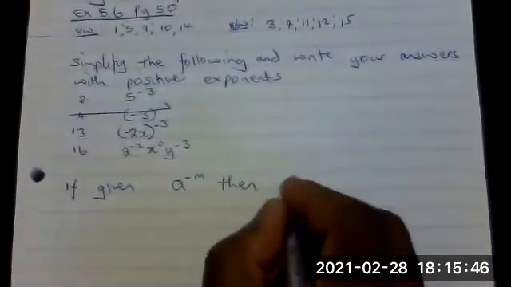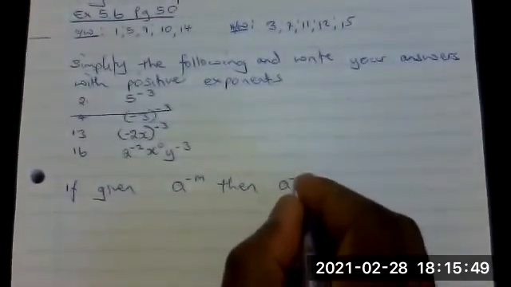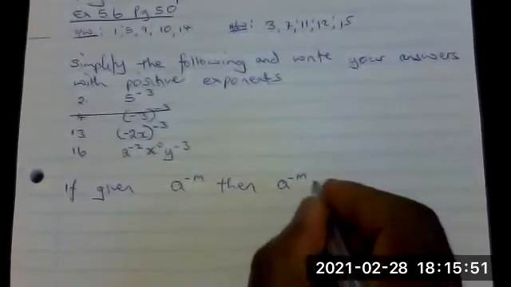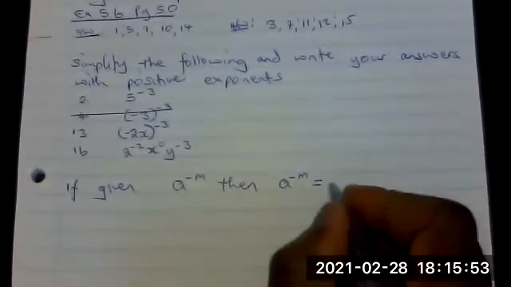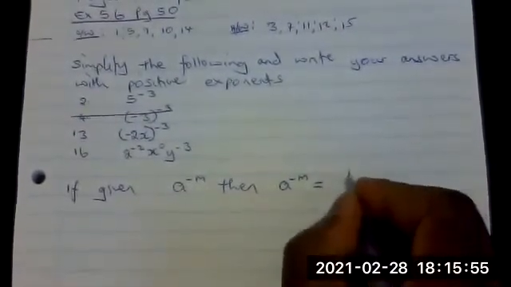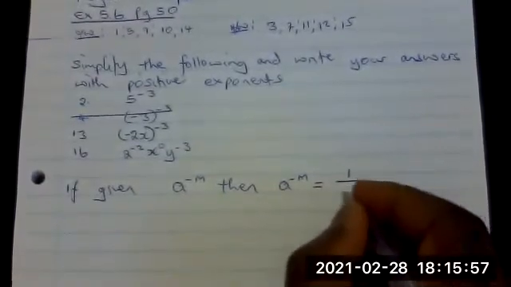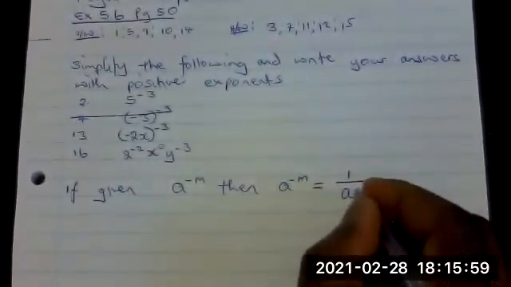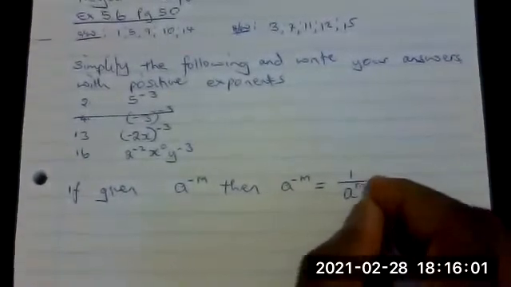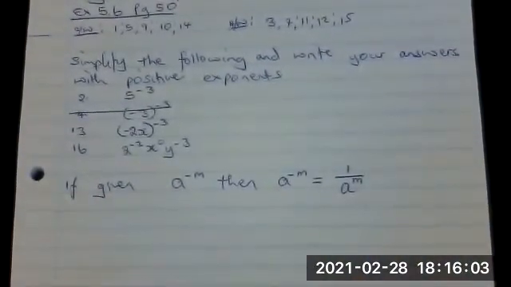A to exponent negative m is equal to 1 divided by a, which is our base, to a positive exponent. That's what it means, right?